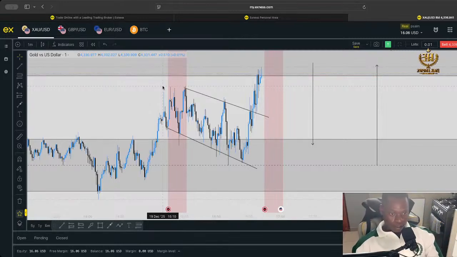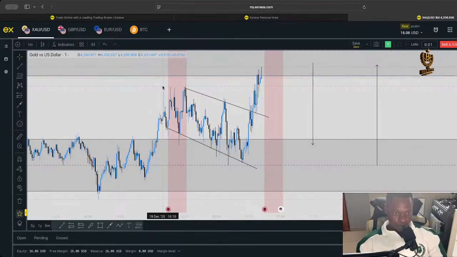Let's see how that candlestick closes. It is closed below.